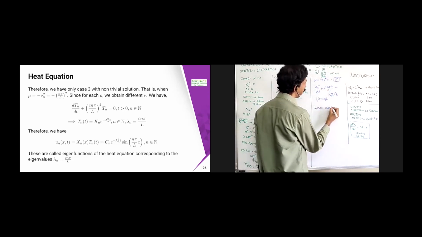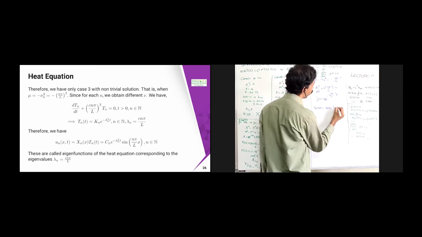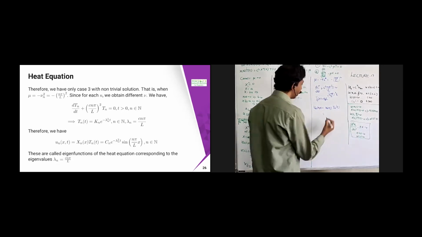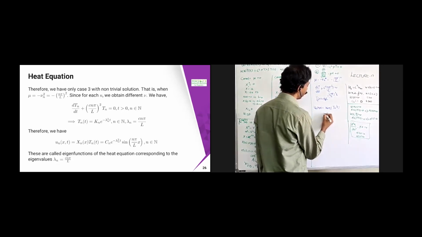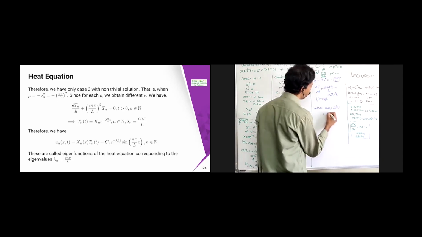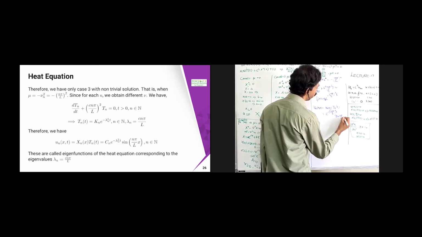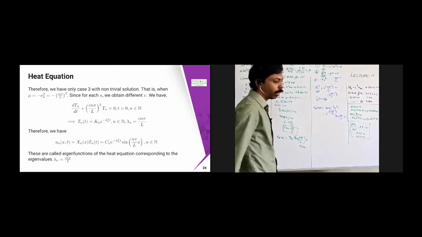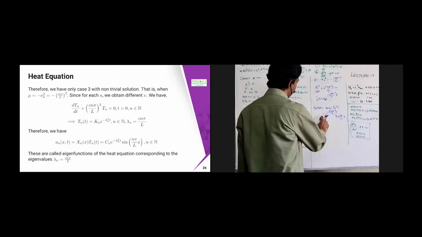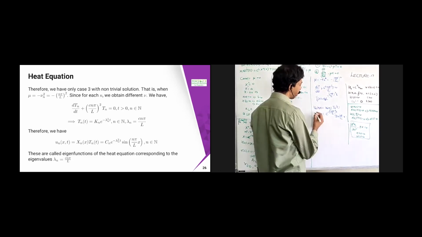So the solution becomes some constant times e to the power minus (c n pi / L) whole squared into t, times sin(n pi x / L). This is your solution. I can just ignore the constant; without the constant I am writing it. These functions are called eigenfunctions.